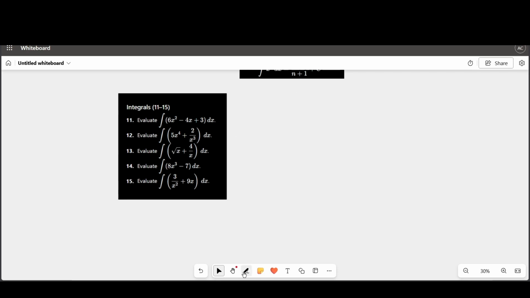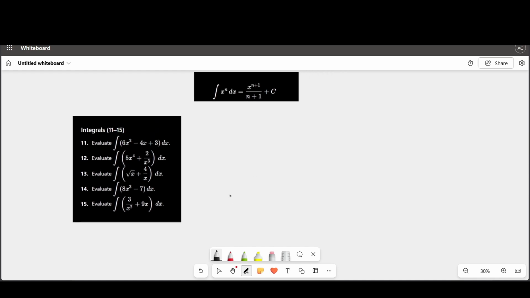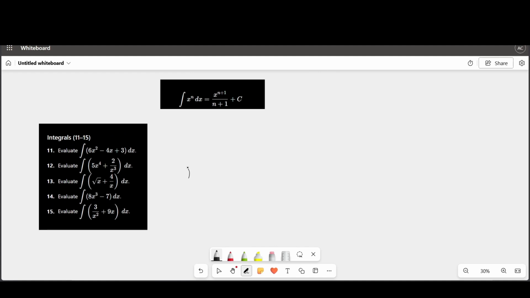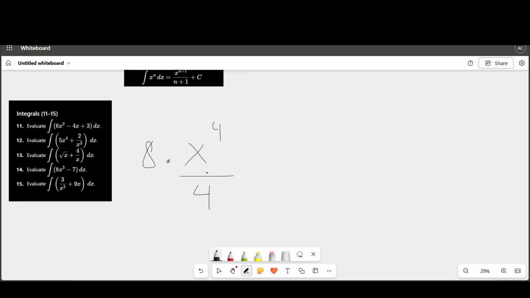So we have 8x cubed minus 7. So we just have to times this 4. Okay, so 8 divided by 4, it's gonna be 2x to the 4, 2x to the 4 minus 7x plus c.